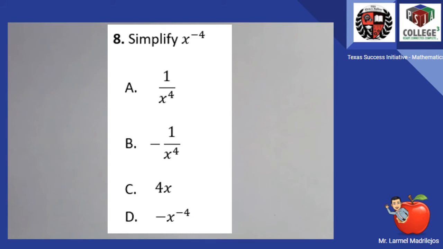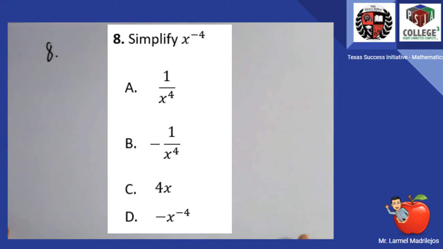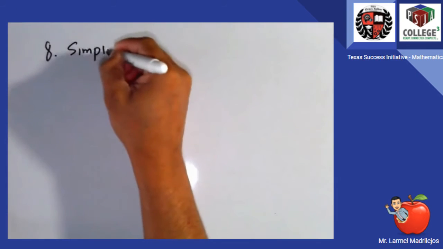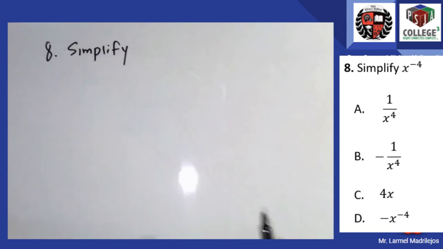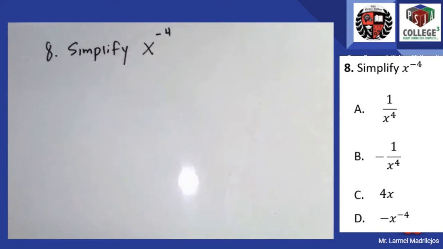Question number 8, rules of exponent. Simplify x raised to negative 4. So it's going to be the same rule. We are going to remove the negative 4.